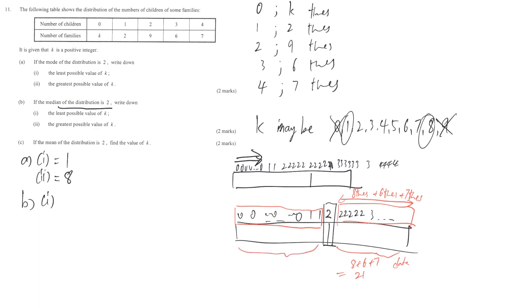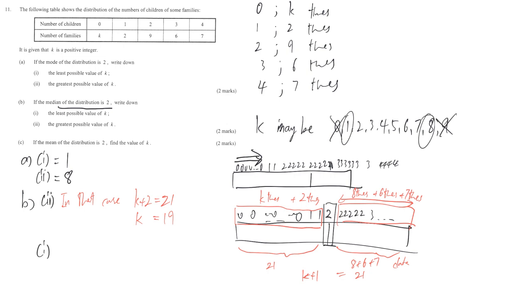To make it the median, there should be 21 also on the other side, and this is k times plus 1 appears 2 times. So k plus 2 should equal 21. So the largest possible value is 19. This one is the largest possible value of k, so it's not B1 but B2 here.